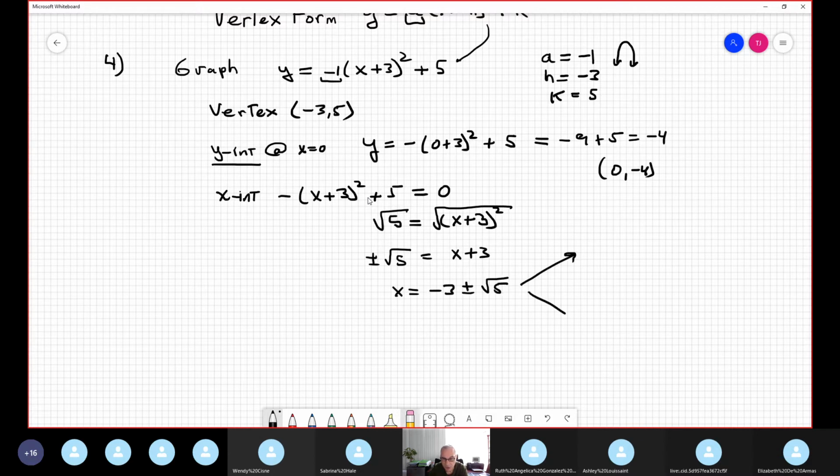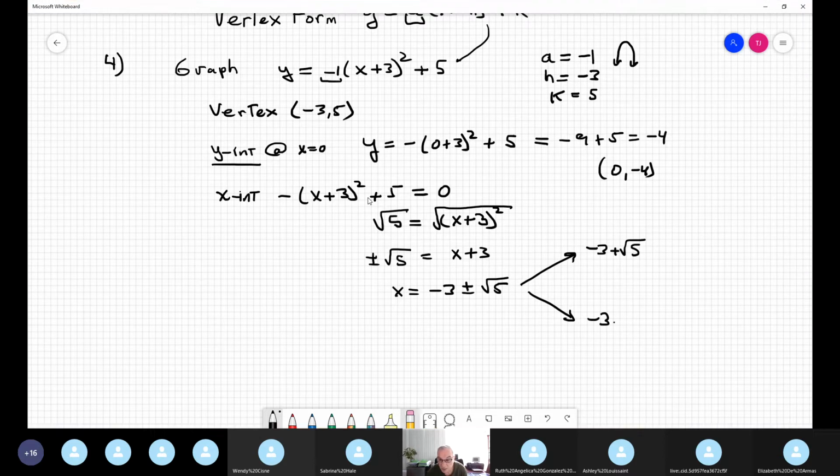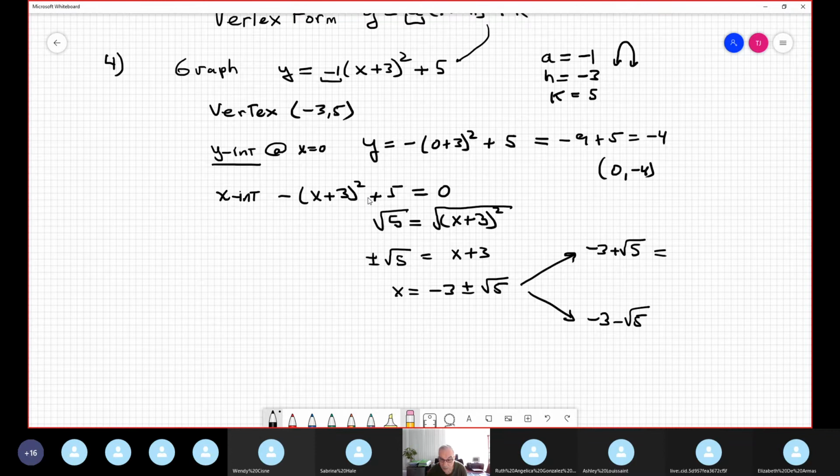So now we have irrational solutions. However, this is real, so we can plot. The first one is -3 plus radical 5. The second is -3 minus radical 5. Okay, let me use my calculator to get the decimal approximation. Okay, -3 plus square root of 5 is negative 0.76.